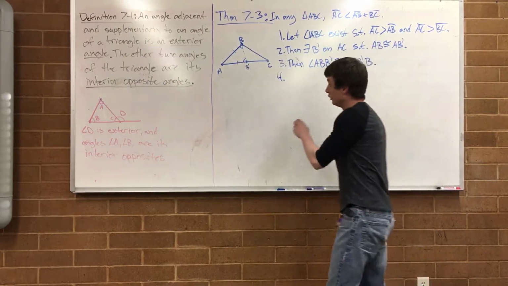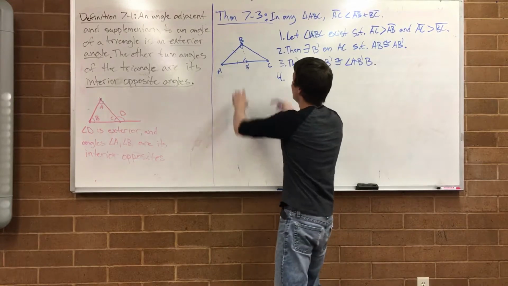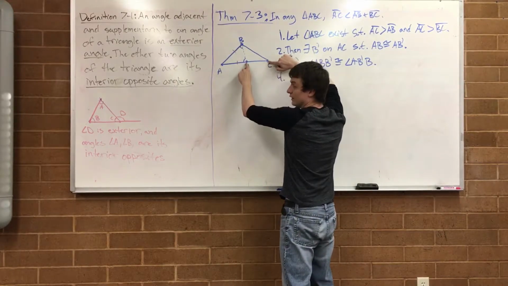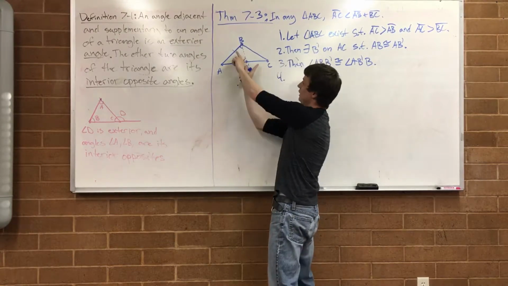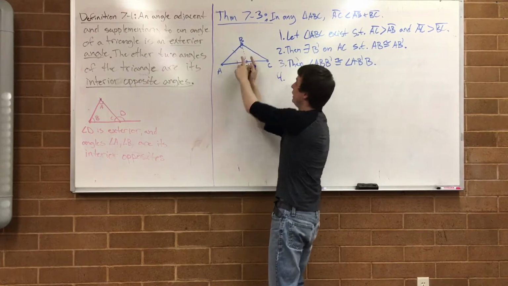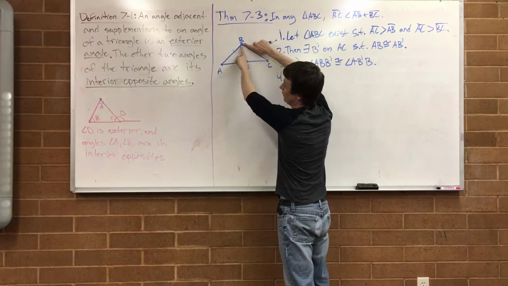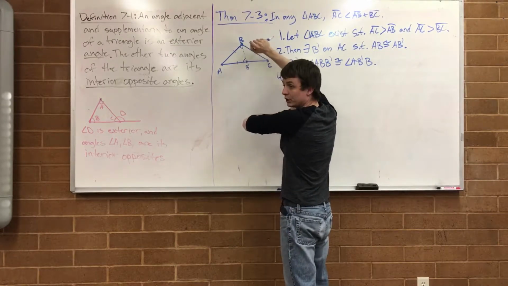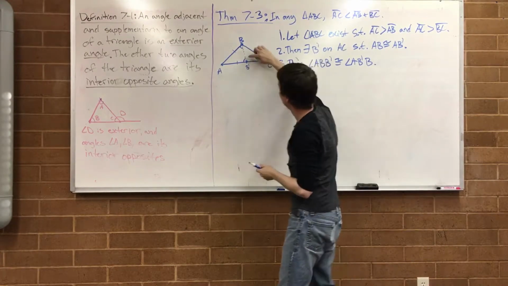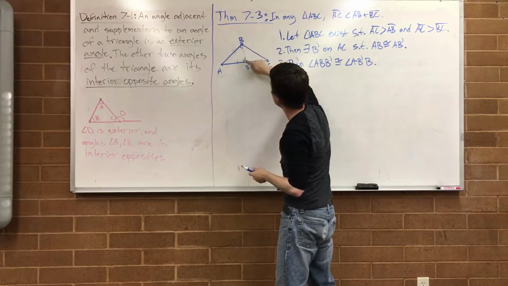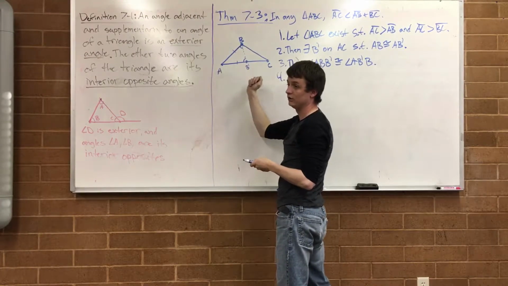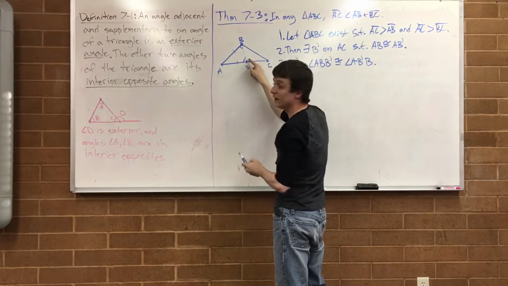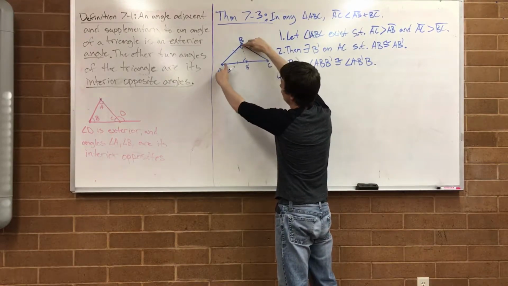Okay. So remember where we're trying to go. We're trying to show that this side is bigger than this side. We're trying to do that by showing that this angle down here is bigger than this angle right here. The way that we're going to show that is with exterior angles. This angle, angle BB prime C, is exterior to our isosceles triangle, so it's greater than its interior opposites, which are those two angles.